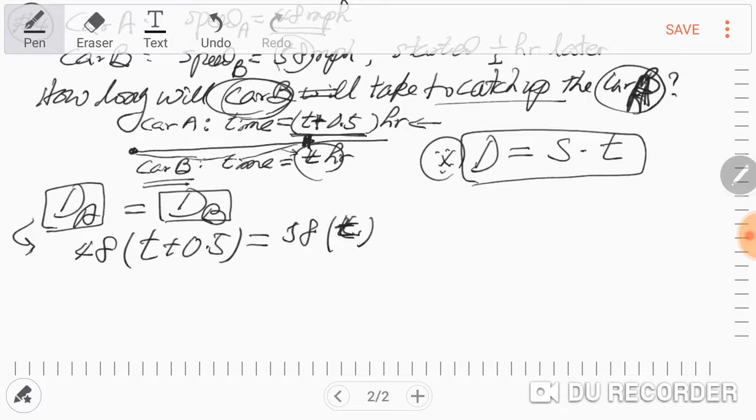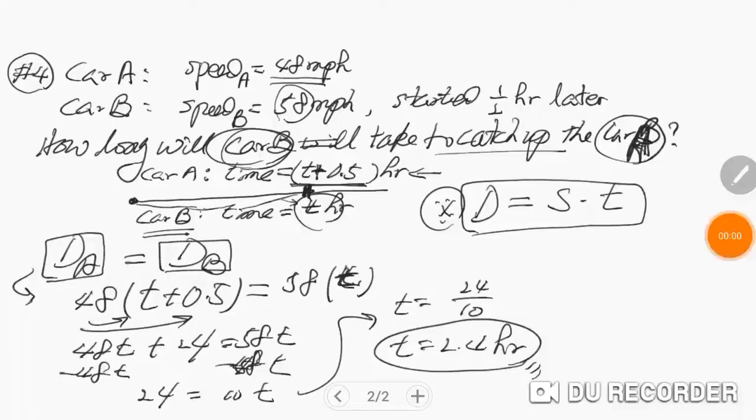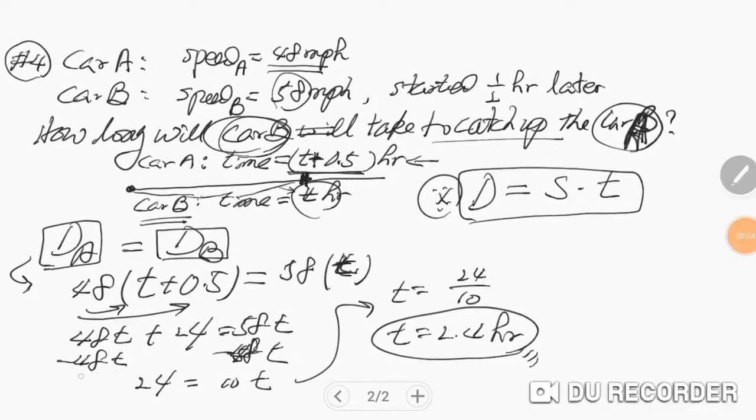Then let's find T. Use the distribution property. 48T plus 48 times 0.5, which is 24, equals 58T. So move 48T to the right: subtract 48T from each side.